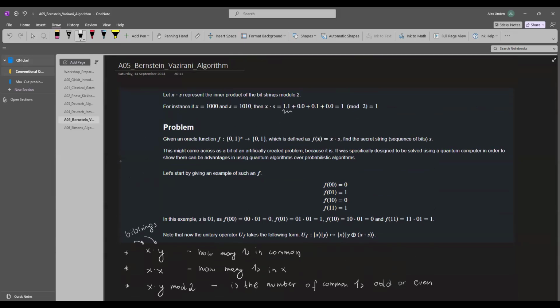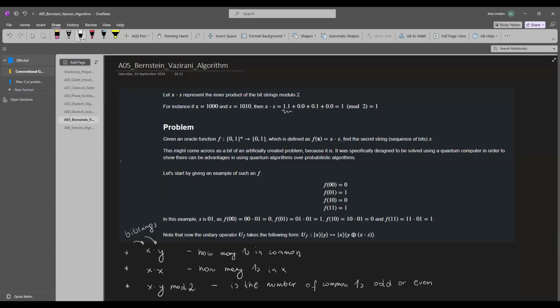Now we see here that s is 0, 1, and to check that it would be correct, if we guessed s is 0, 1: not anyone in common, 0, 1 in common, so 1, 0 in common, 0, and again 1 in common, so 1.